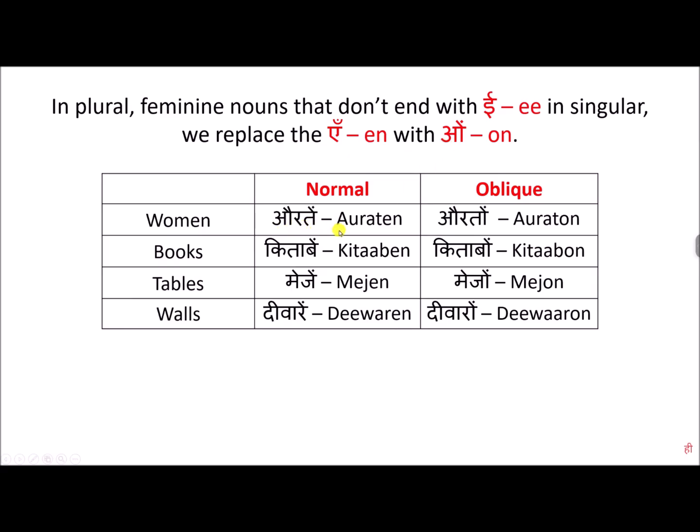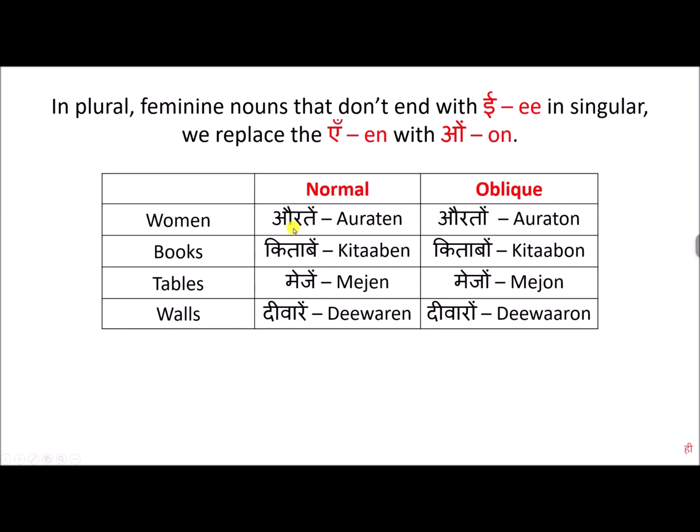औरतें is women, plural, normal. To change this into oblique form, the a is replaced with o.